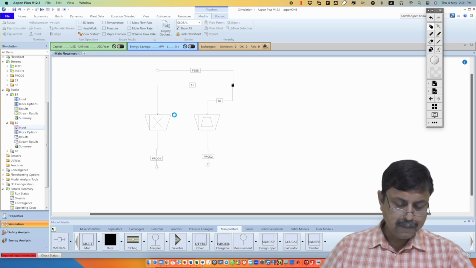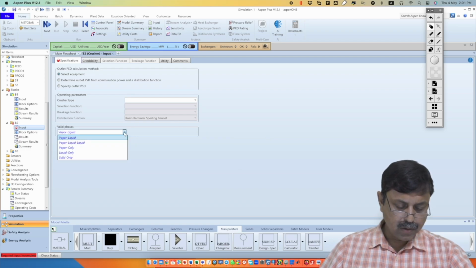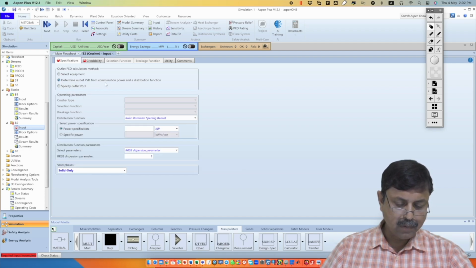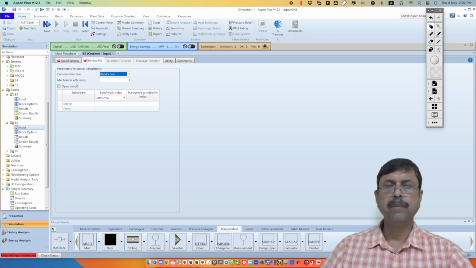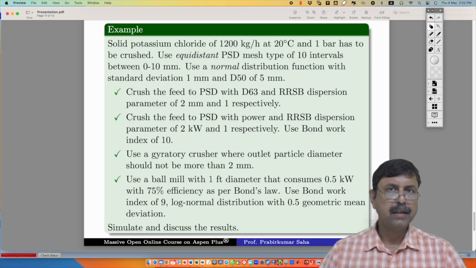So here only. Okay. Now first you make it solid only and determine the outlet PSD from comminution power. So let us first go over here and choose the comminution law. We have to choose a comminution law, and what is the criteria?